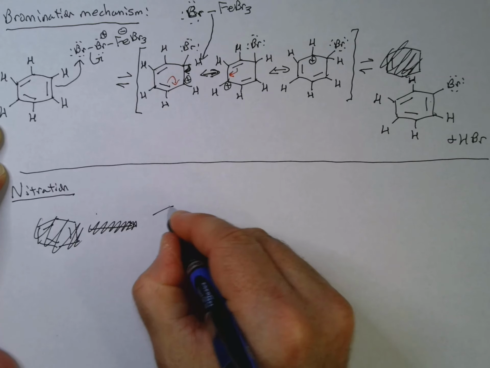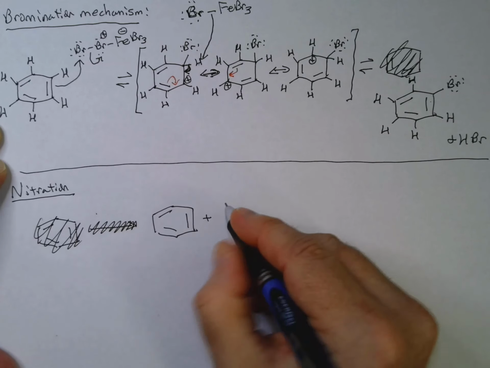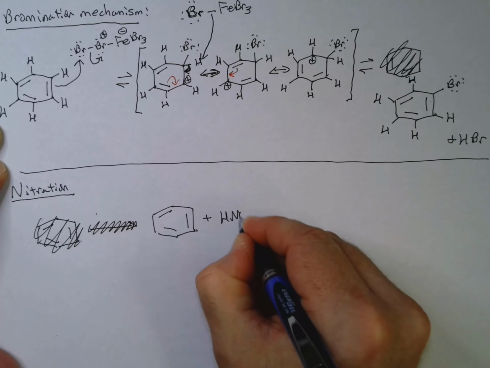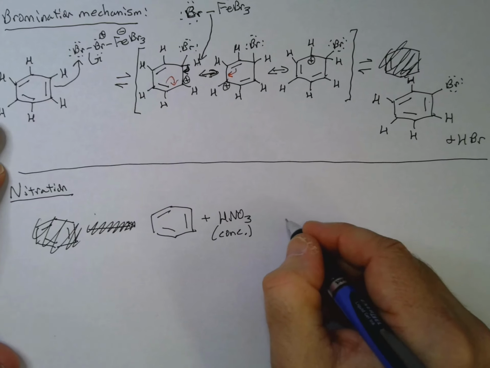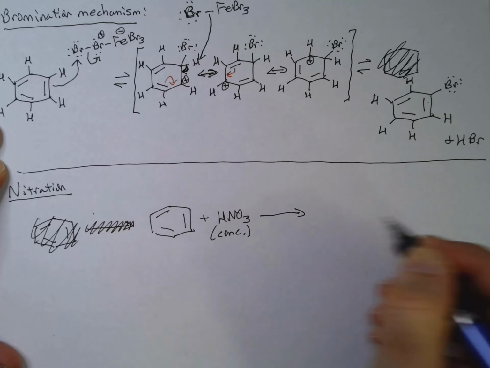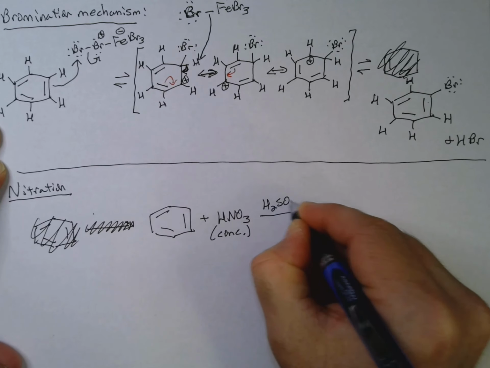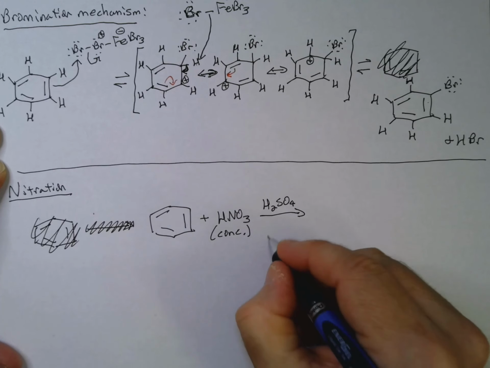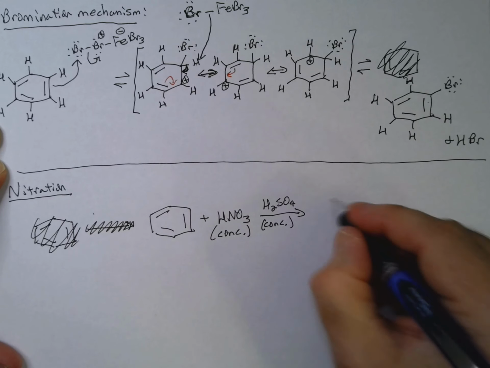Sorry about that. Let's start over here. Plus HNO3, and we'll use concentrated, we'll abbreviate that CONC, concentrated nitric acid, and we'll also use concentrated sulfuric acid, and that will serve as our Lewis acid.